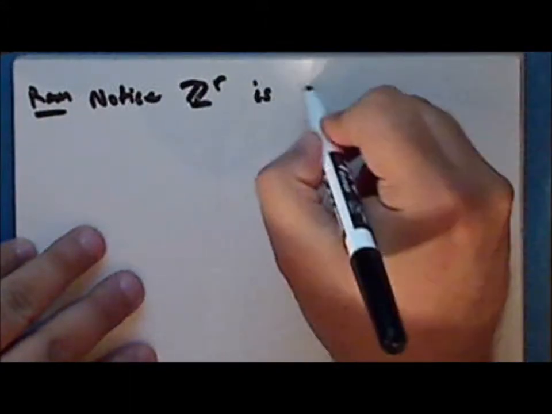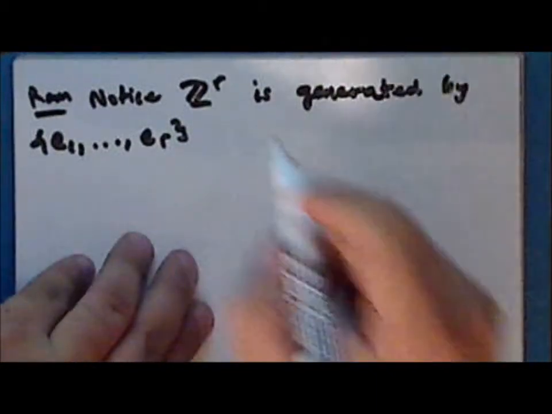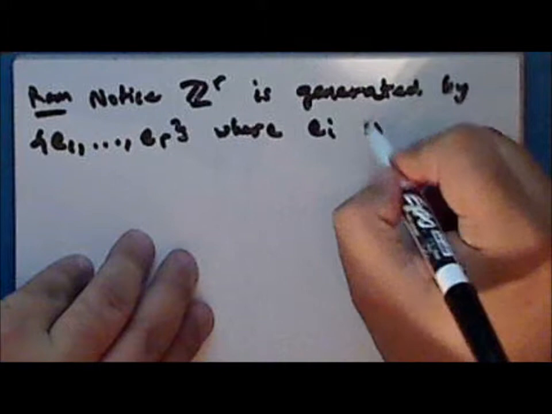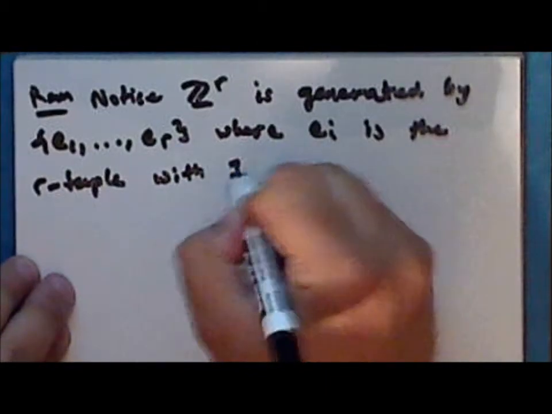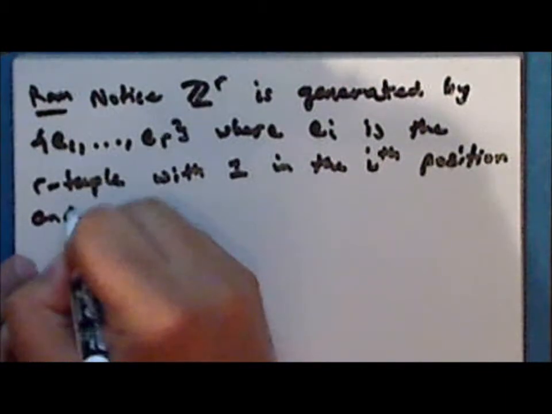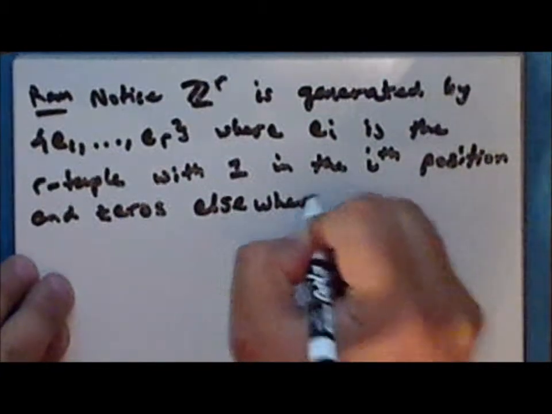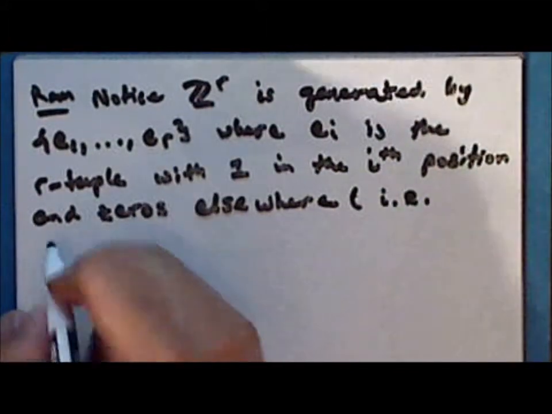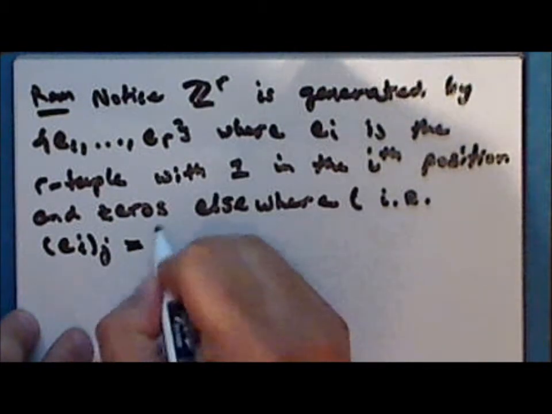So notice that the free abelian group of rank r is generated by the set containing the elements e sub 1 through e sub r, where e sub i is the r-tuple with 1 in the ith position and zeros elsewhere, that is, the jth component or jth coordinate of the r-tuple e sub i is identical to the Kronecker delta.